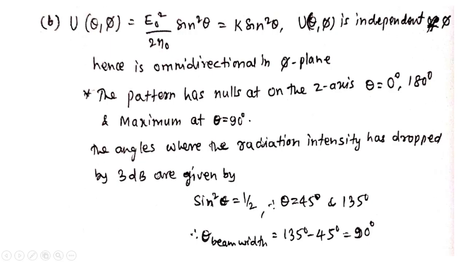The angles where the radiation intensity has dropped by 3 dB are given by sin square theta equal to 1 by 2. Therefore, theta is equal to 45 degree and 135 degree. Therefore, the beamwidth is given by 135 degree minus 45 degree, which is equal to 90 degree.